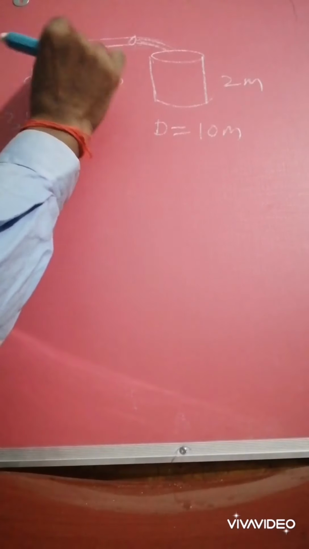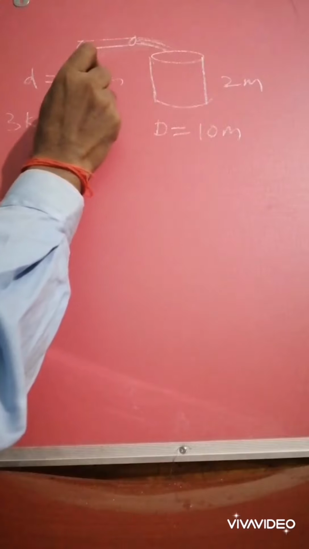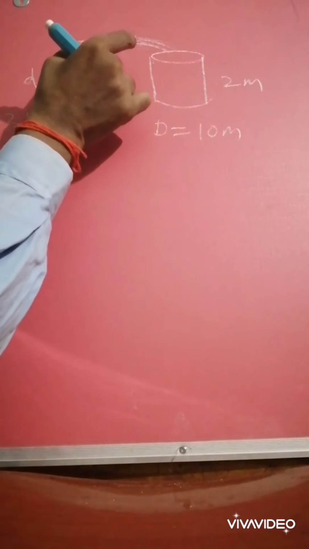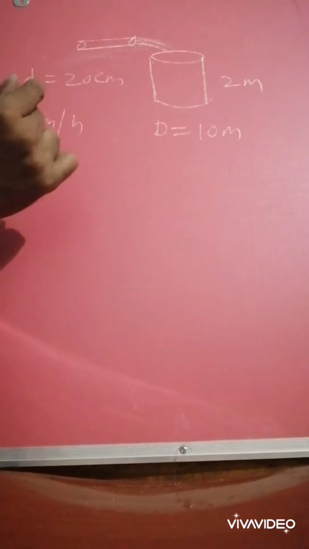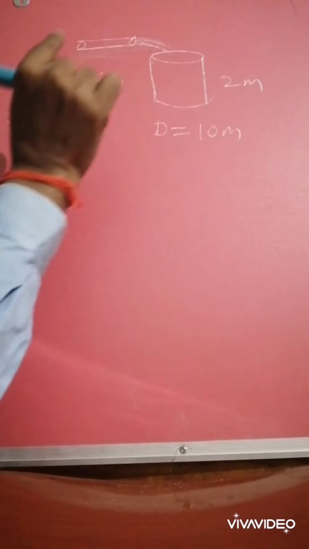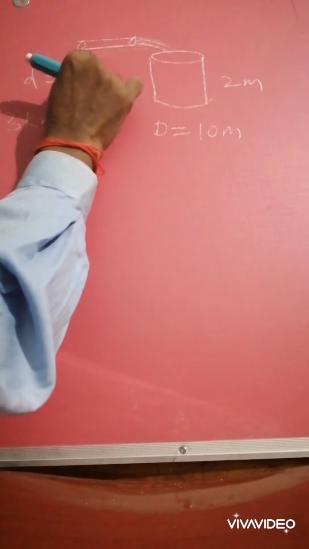Whatever the time may be, that much water runs in the pipe, and we will consider that length of water as the height of the cylinder. Suppose it is 10 minutes or 20 minutes or 30 minutes, that much length of water flows.